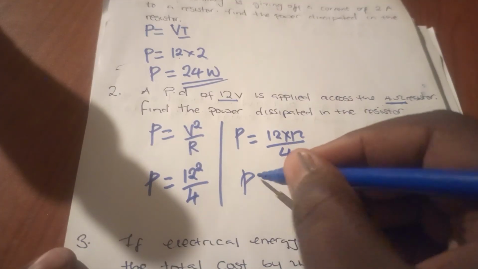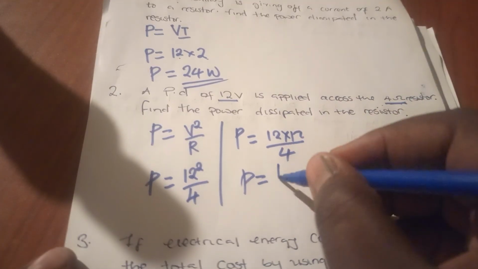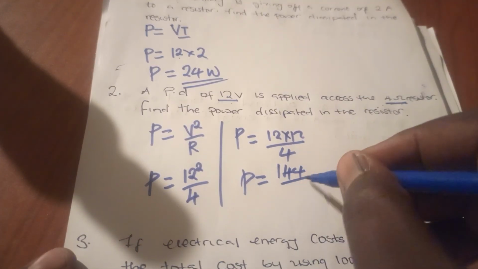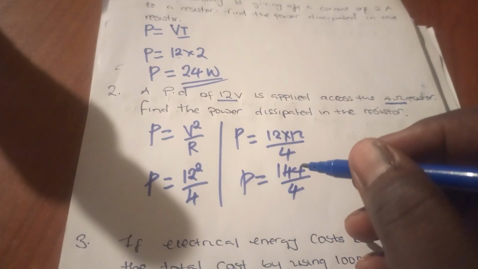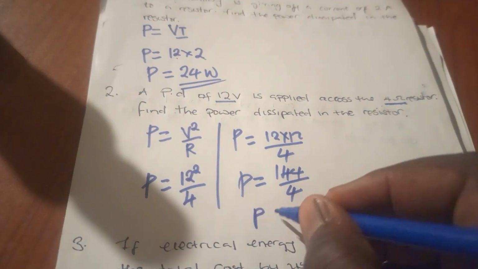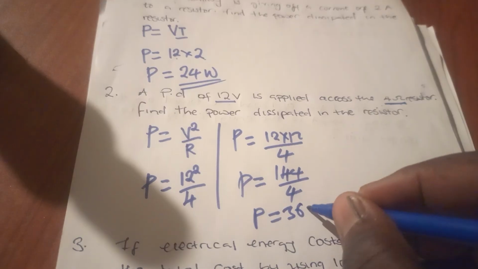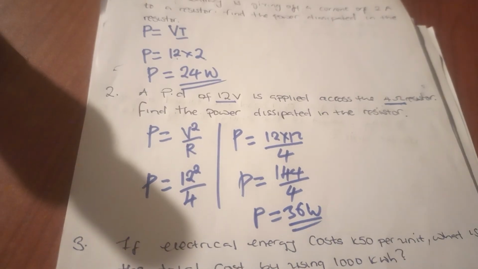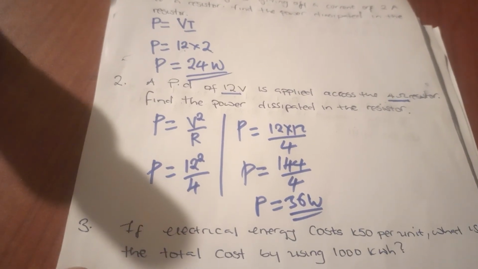So power is equal to 12 times 12, which is 144 over 4. Now I'll divide with the calculator, 144 divided by 4. The answer is 36. So power is equal to 36 watts. This is the answer for this question.